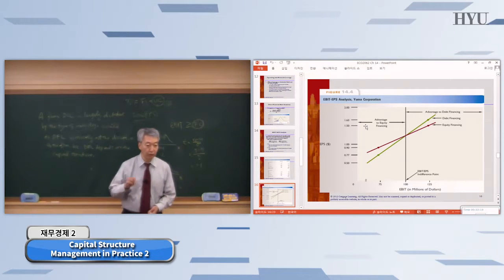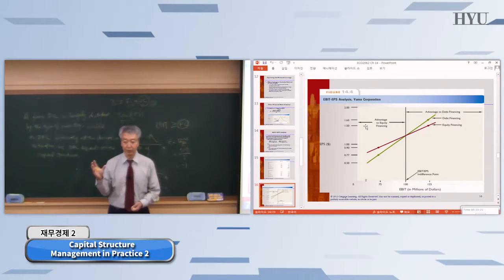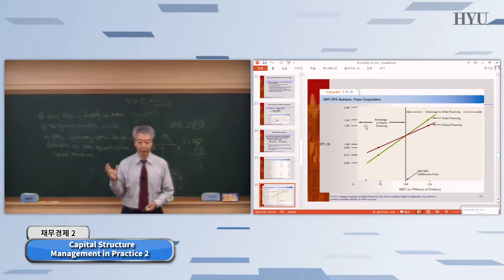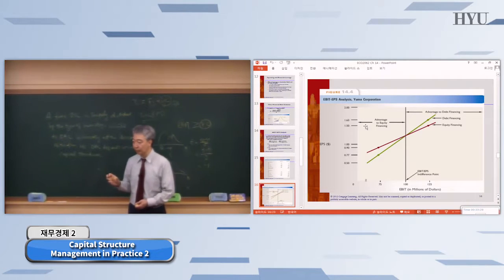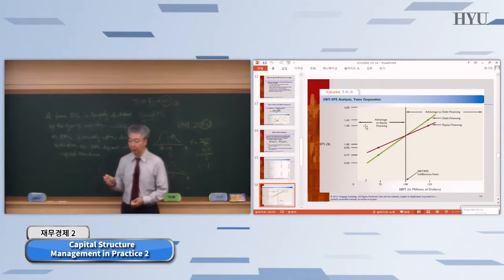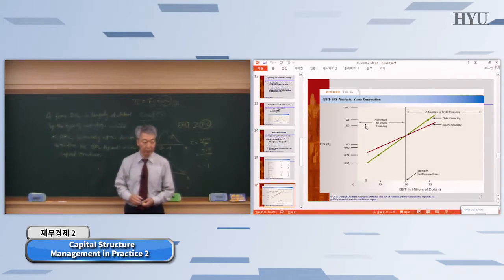So you can quickly increase earnings per share if you have debt, or if you go for debt financing instead of equity financing. For the same amount of increase in operating income, earnings per share, EPS, will go up a lot quicker, a lot more quickly.